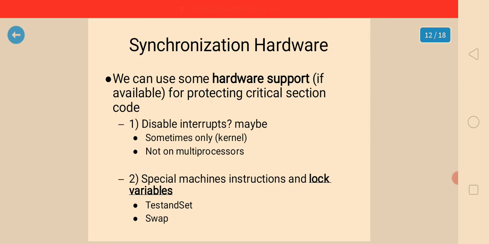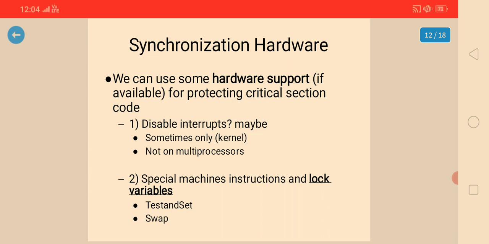So synchronization hardware, in the sense of what? Here we can use some hardware support, if available, for protecting the critical section. Disable interrupts, which may work sometimes only in the kernel, not on multiprocessors. Special machine instructions and lock variables: test and set and swap.